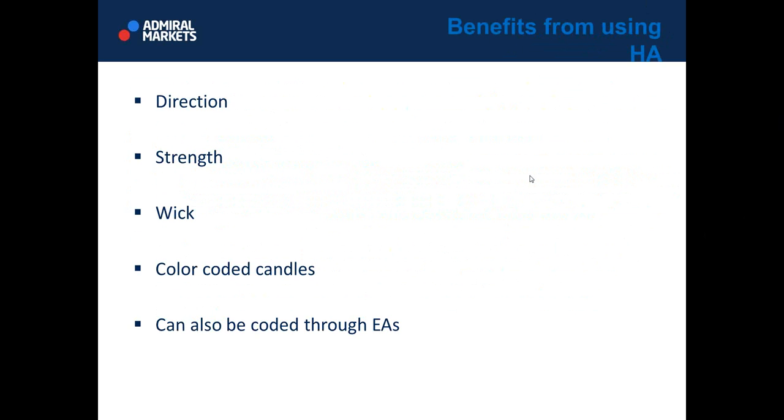The benefits from using Heiken Ashi are, of course, that you can see the direction, because it's very easy to identify the direction by looking at Heiken Ashi candlesticks. It's pretty much easier in every sense to read through Heiken Ashi than through standard price action indicators. Heiken Ashi uses a formula which makes it very easy to identify potential reversal patterns.